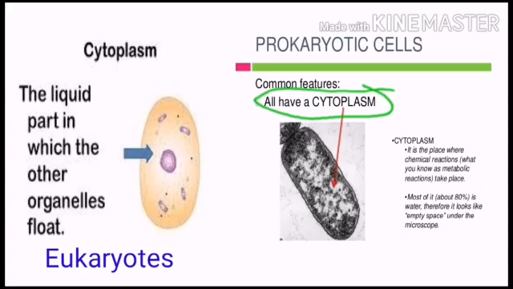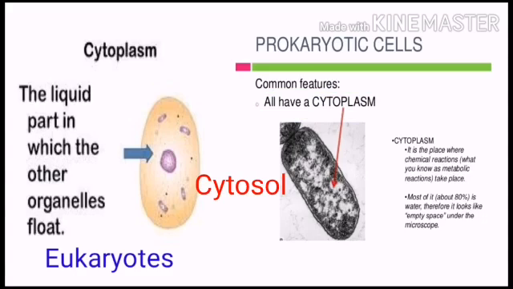One major component of the cytoplasm in both prokaryotes and eukaryotes is the gel-like cytosol, a water-based solution that contains ions like sodium, potassium, calcium, and macromolecules like carbohydrates, proteins, lipids.